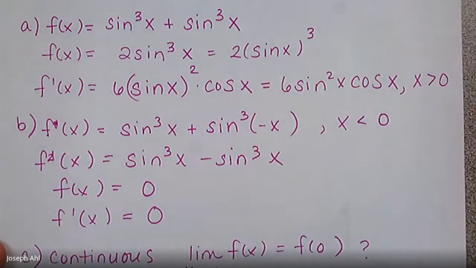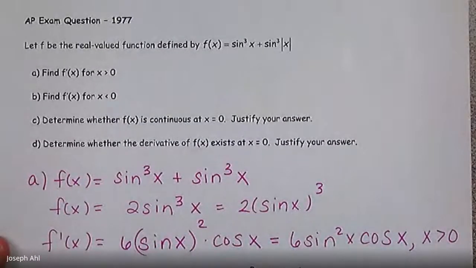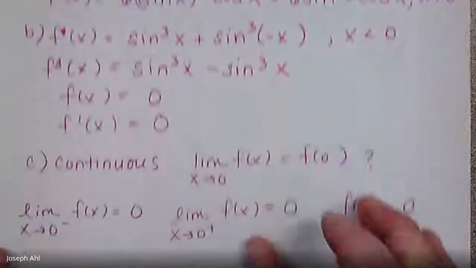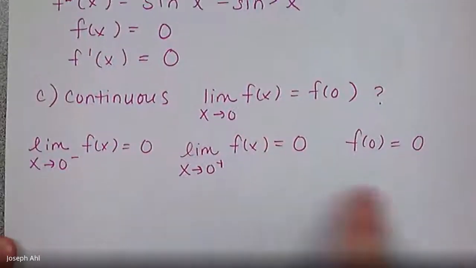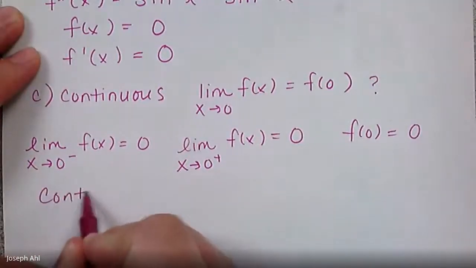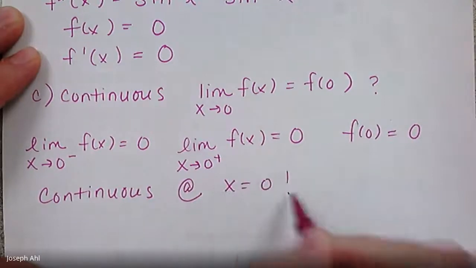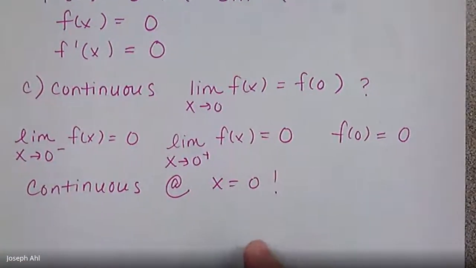So from the right, it's 0. Oh, and f of 0, by the way, is in fact 0, right? If I go back to the original function. So therefore, because the left and right hand limits match and they equal the function value there, we can say that this graph is definitely continuous at x equals 0. Okay, that's the appropriate justification that we'd want to show mathematically for continuity there.